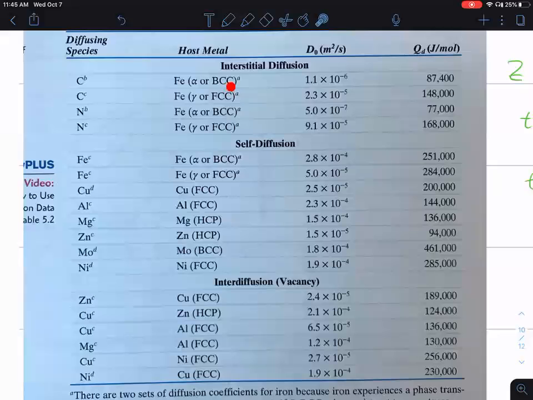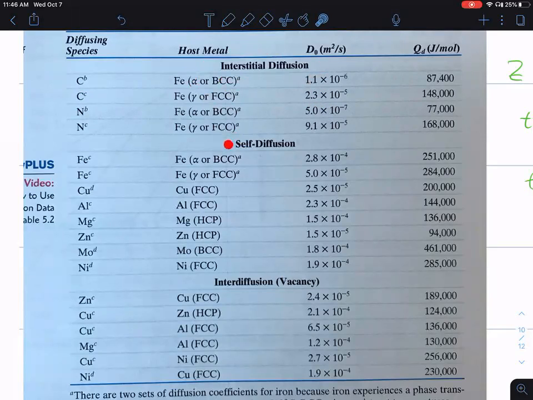But when you have BCC structure, that value is much less. You can also look at what happens if we switch carbon with nitrogen and how that changes our diffusion coefficient. So that's just for interstitial diffusion.